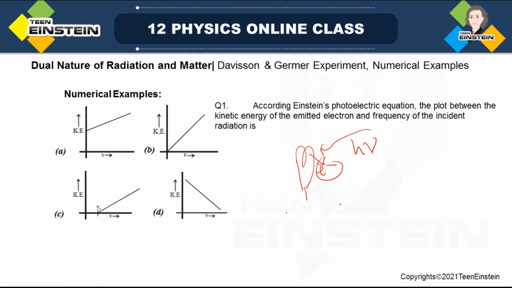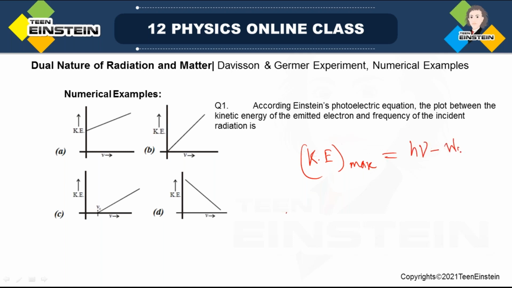This we know. And what is Einstein's equation? The maximum kinetic energy is equal to h nu, the energy of the incident photon, minus the work function W0. So this is Einstein's equation for the photoelectric effect.